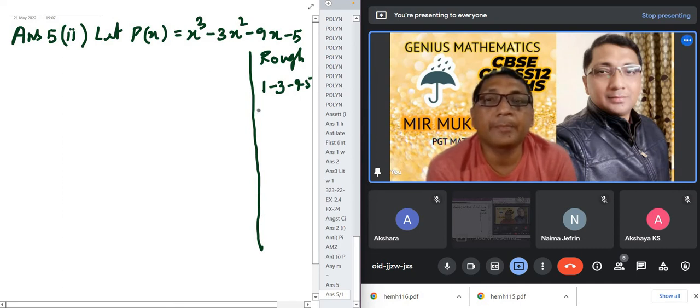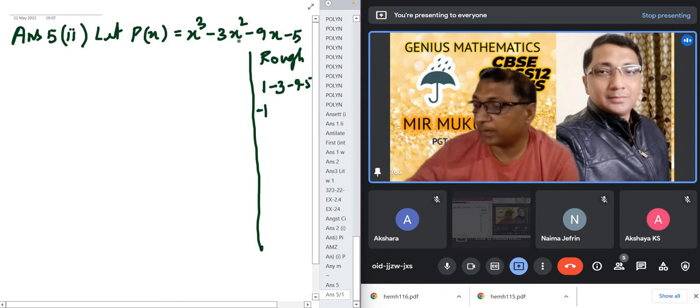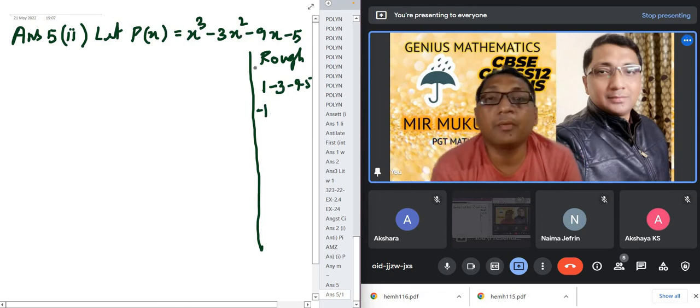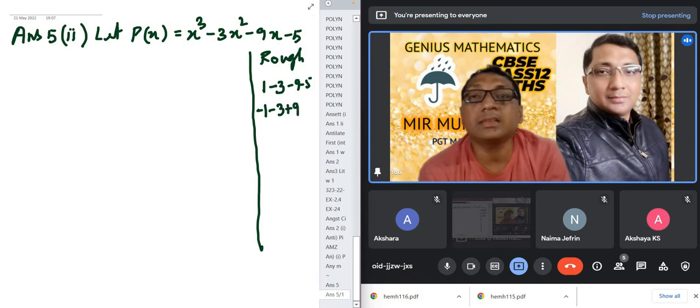-1 cube is -1. -1 square is +1. So here you will get -3. Here -1, so minus minus +9. Or here it is -5.